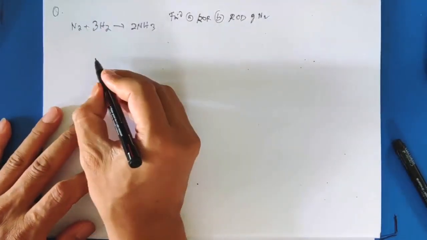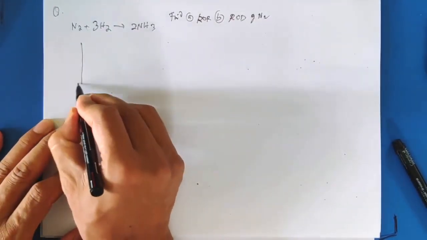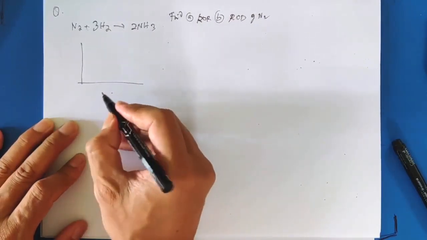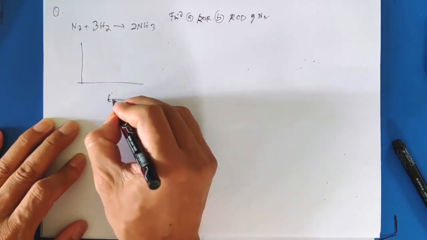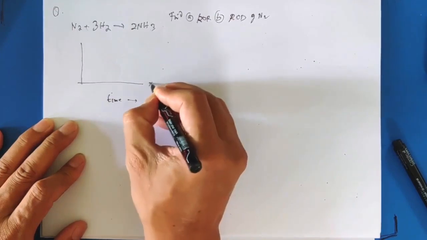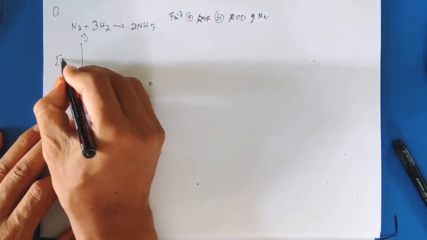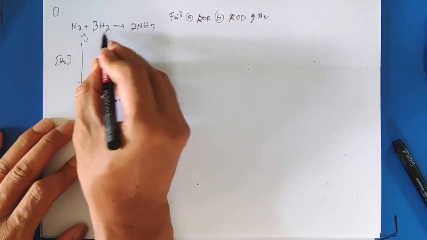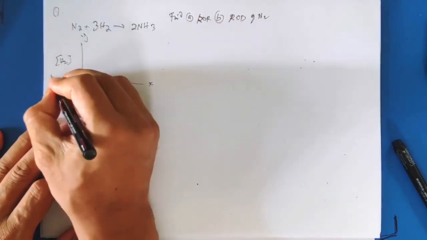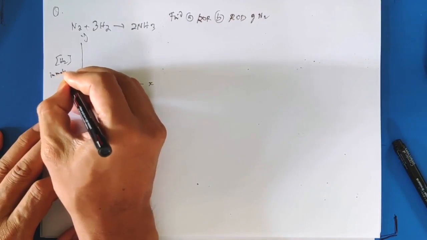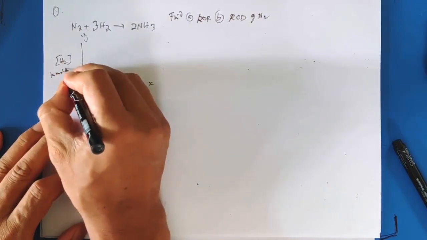The graph is given here. Time is on the x-axis and the concentration of H2 is on the y-axis, in moles per liter.